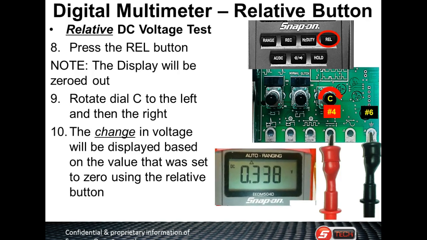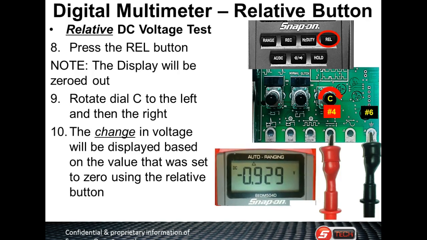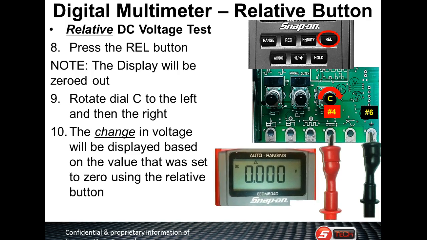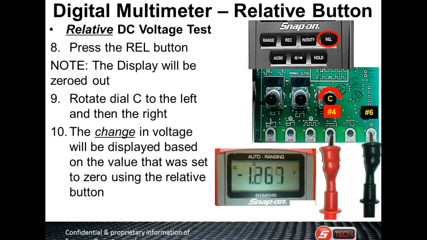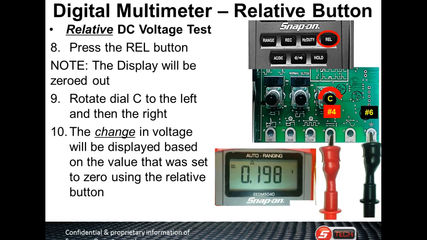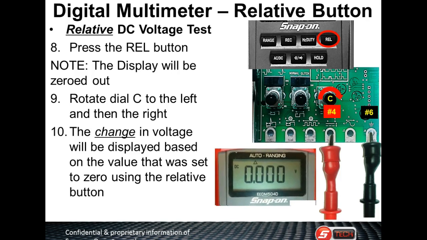Are we okay? And then when you turn it positive, it's going to do what? When you turn it past the reference position, it should go positive. So what we're doing now, we're making measurements relative to some point that we needed. Are we okay?